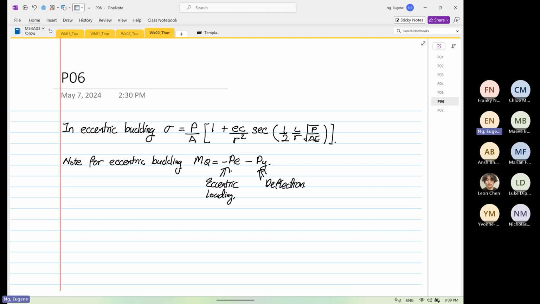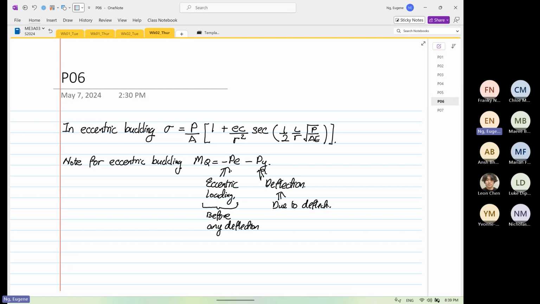So this is before any deflection, and this is due to deflection. I'm not going to derive the formula out. We are just going to apply it.